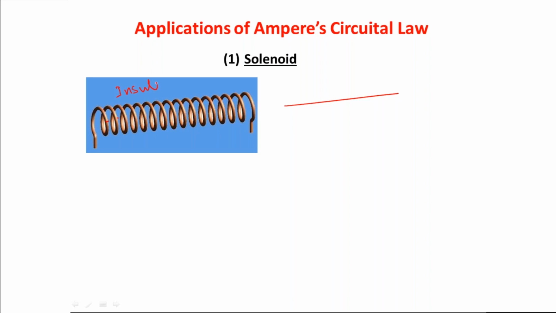This is called a loop. This is one loop, then another loop, and each loop will create a magnetic field. As we saw with the circuital law, when a current carrying loop is taken, it creates a magnetic field along the direction of the axis.